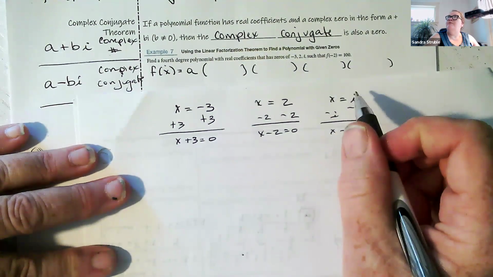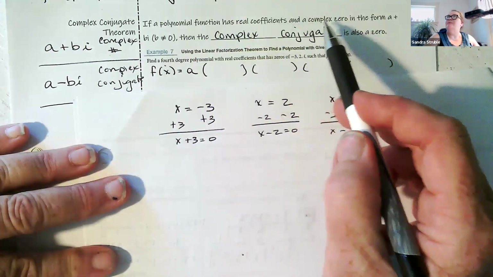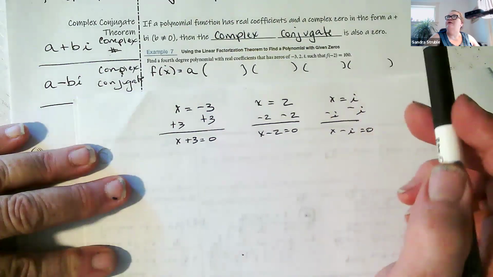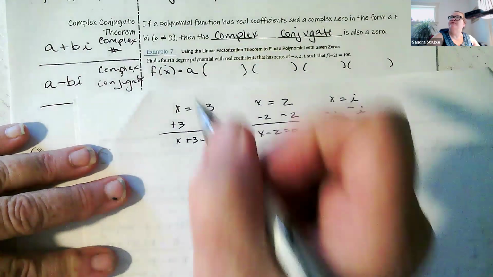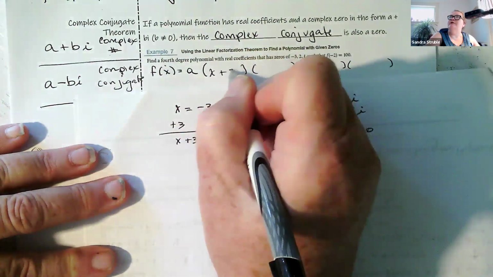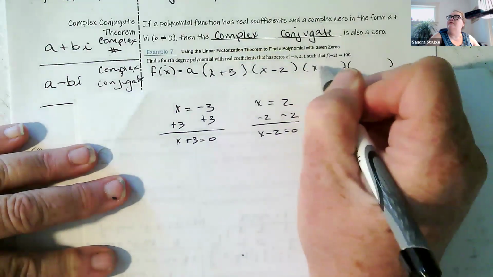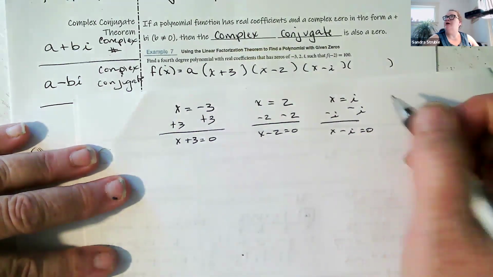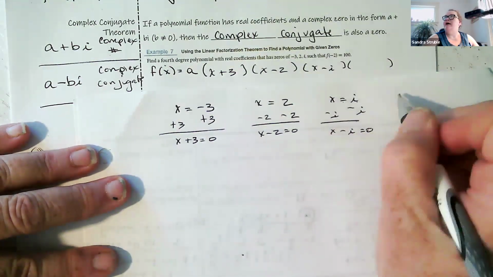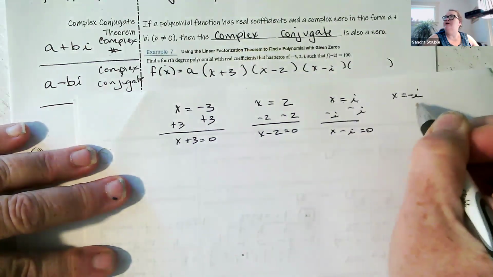So remember, if a polynomial function has real coefficients and a complex zero, then the complex conjugate is also a zero. So let's plug these in and I'll show you what I'm talking about. So we're missing one, and that's because we're missing our complex conjugate. So if x equals I, x also equals -I, the complex conjugate.